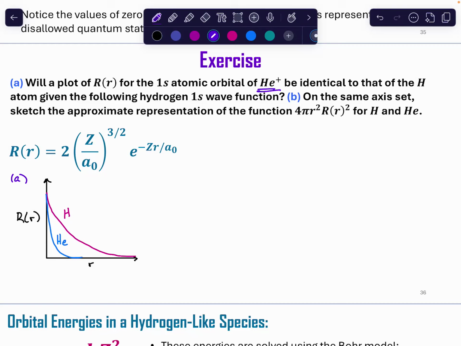Approximate representation of the radial distribution function for both of these. This is supposed to be helium plus. Okay, so again, on this axis, we're going to have the distribution function, and on this axis, we'll have the radius.